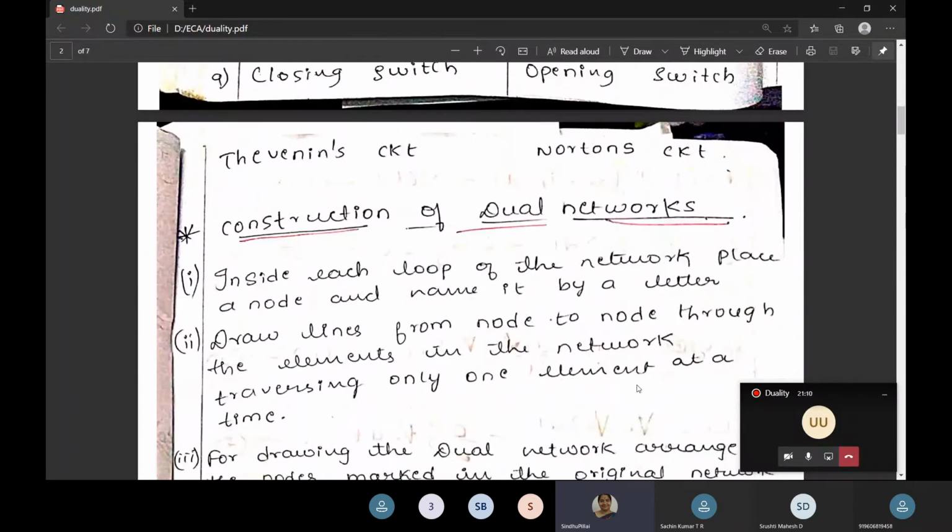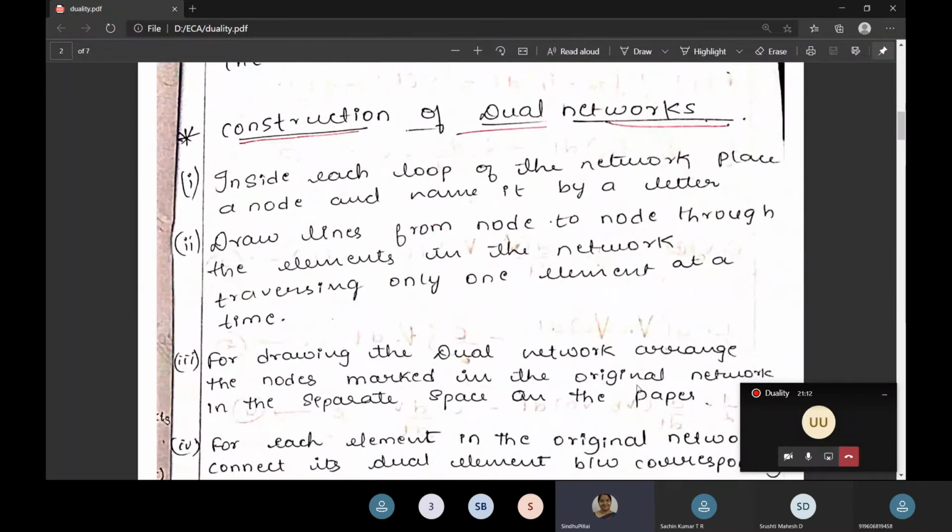Next we'll see the construction of a dual network, how to construct it. First, inside each loop of the network, place a node and name it by a letter; any alphabet you give. Draw lines from node to node through the elements in the network, traversing only one element at a time. You have to draw the lines through all the passive elements and the source.